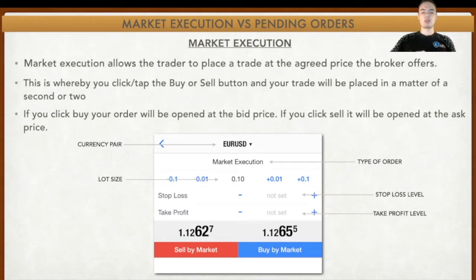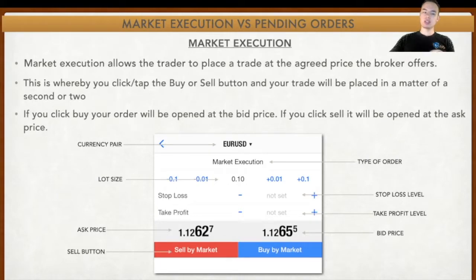Okay, you'll enter your take profit level over there. Ask price is on the left, and your bid price is on the right. Like I said, depending if you're buying or you're selling, that will determine your ask or bid price. So let's say you're gonna sell, you'll just click that sell button, and it will be opened at 1.12627. Then your trade will be opened.